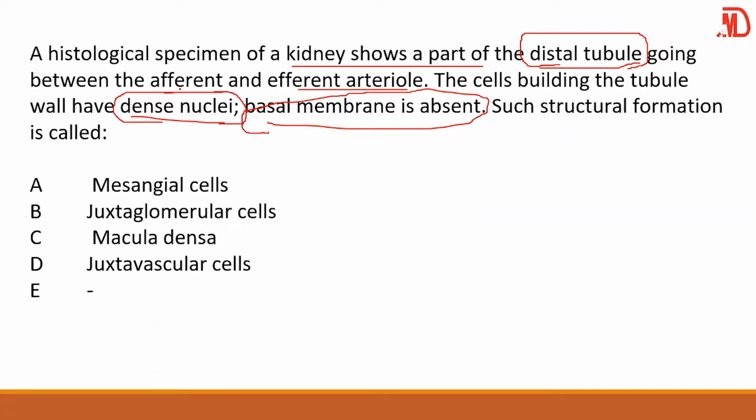And this renin comes out from the juxtaglomerular cells. So please take note. In an exam, when they ask you what is the function of the macula densa, what will you say?